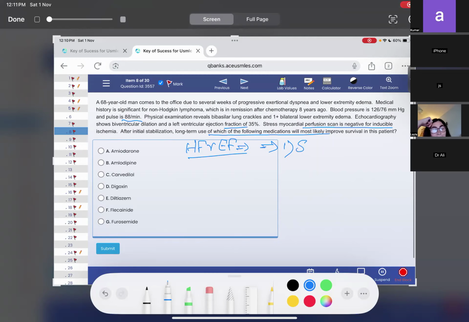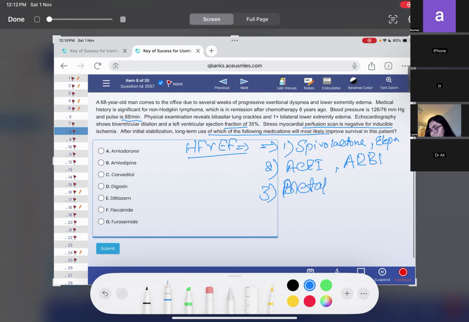First is spironolactone, number two is ACE inhibitor, and number three is beta blockers: metoprolol, excellent, and option C, carvedilol.